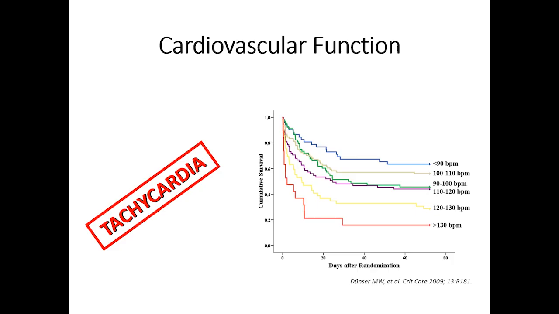What the respiratory rate is for the respiratory system is the heart rate for the cardiovascular system. And we could quite long ago already show that the average heart rate during the first 6 hours of sepsis or septic shock is clearly and in a dose-dependent fashion related to the mortality risk.